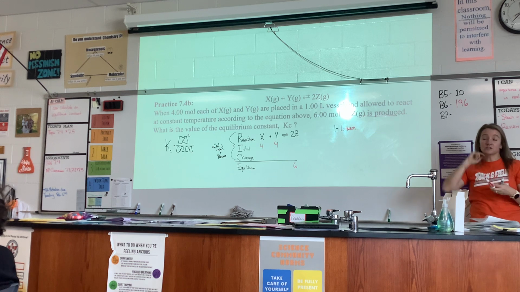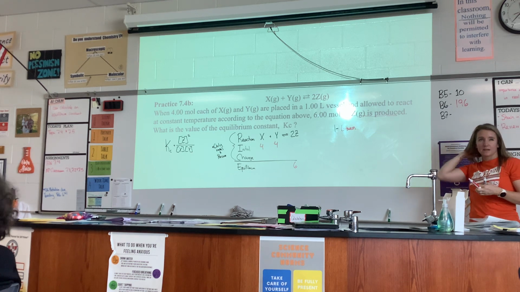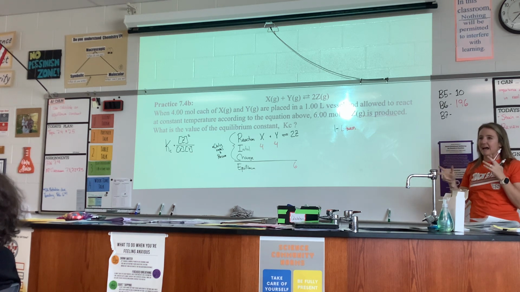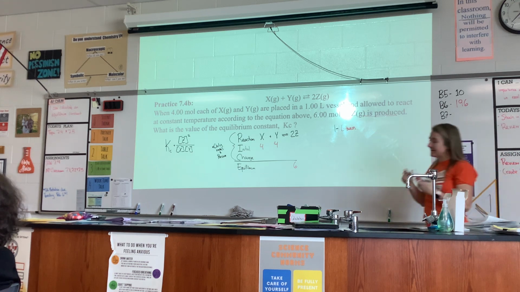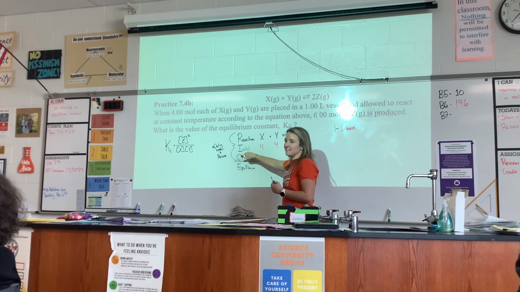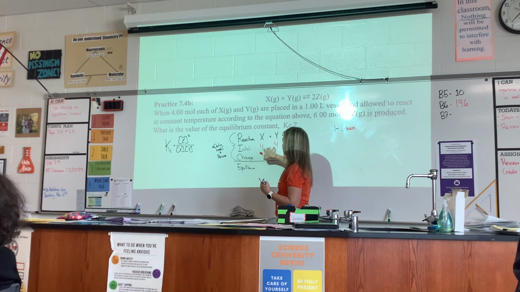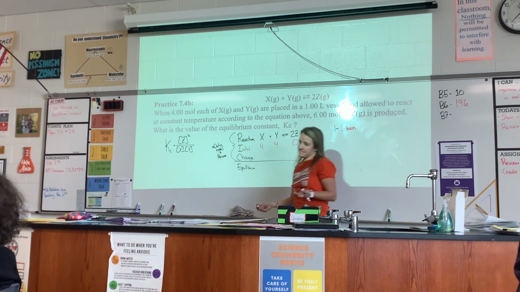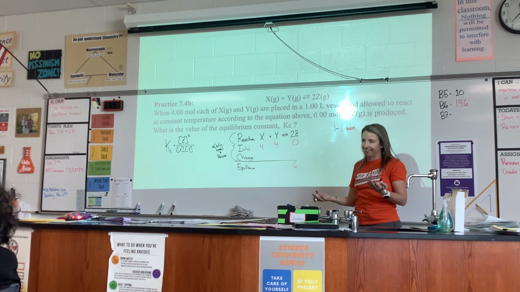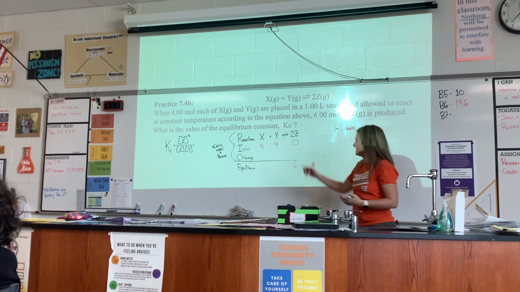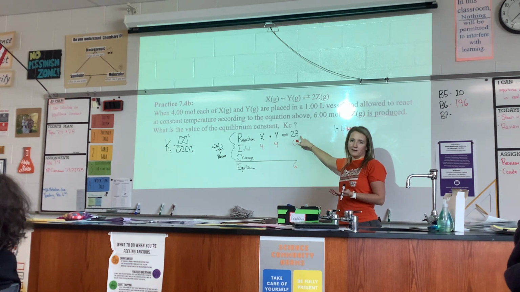There's one more, I guess you could say, read between the lines given, and that is, initially I only start with this, so this is going to be 0 because they haven't reacted yet. And if they haven't reacted yet, you're not going to have any Z in the beaker.